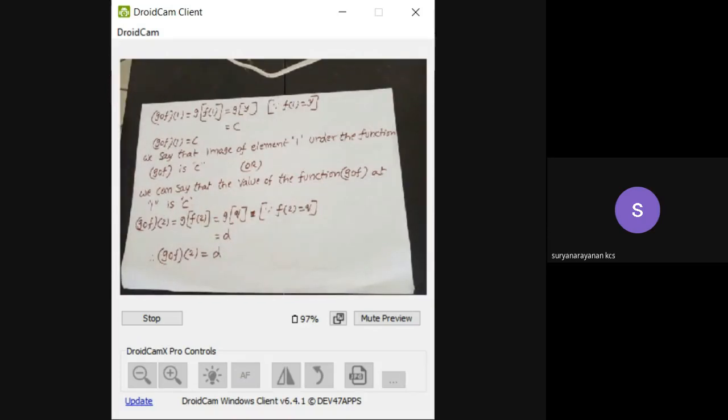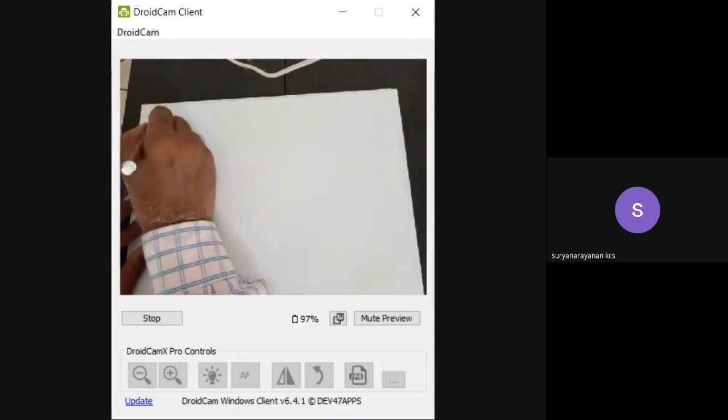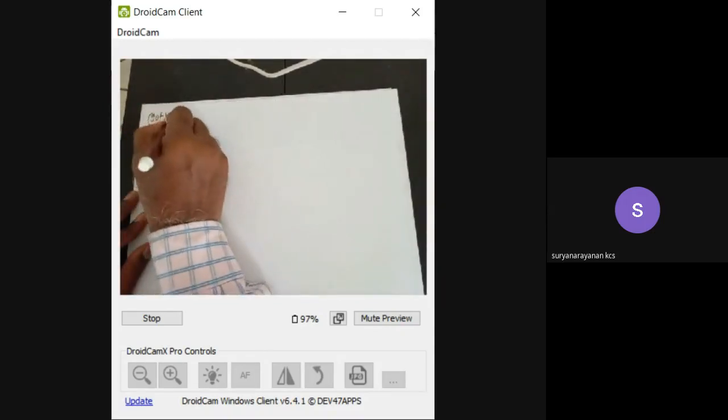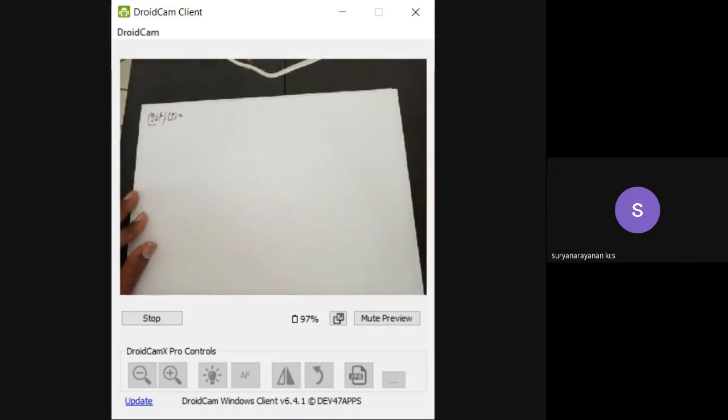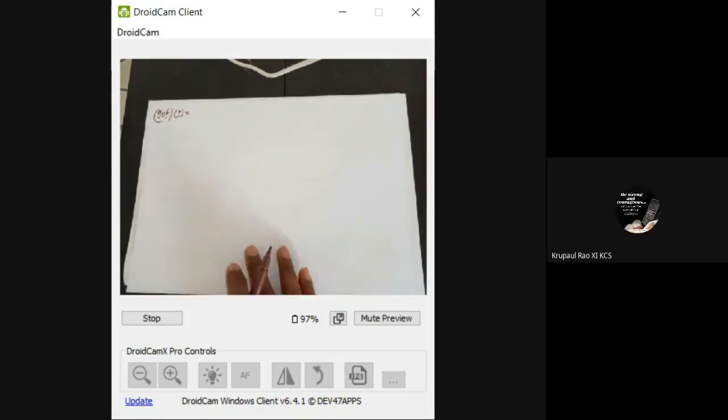Similarly, should I write the remaining images? G circle f of 3. Who will tell this one? G circle f of 3. Krupal? Yes, sir.